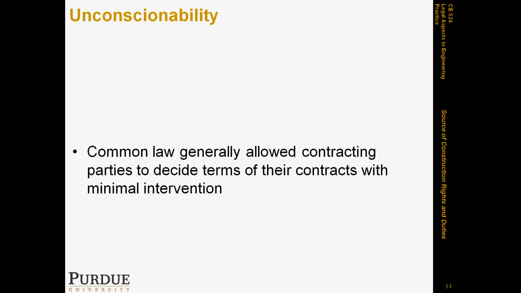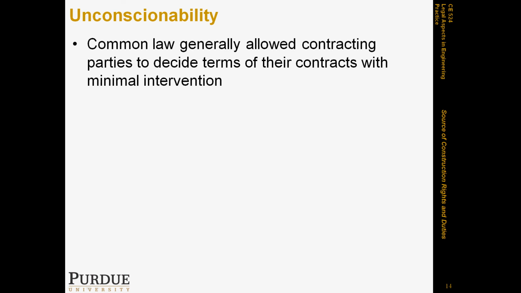Unconscionability is one of the last resorts for courts to start employing terms. Common law in general does allow contracting parties to decide the terms of the contract. However, some contract terms may be extremely unfair to some parties.